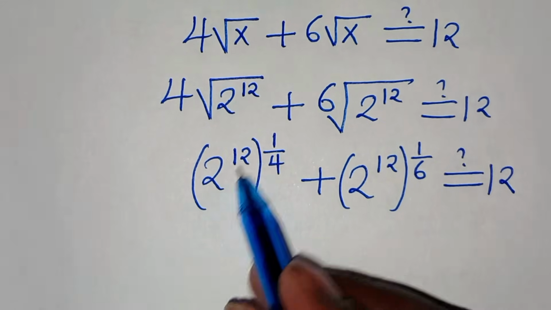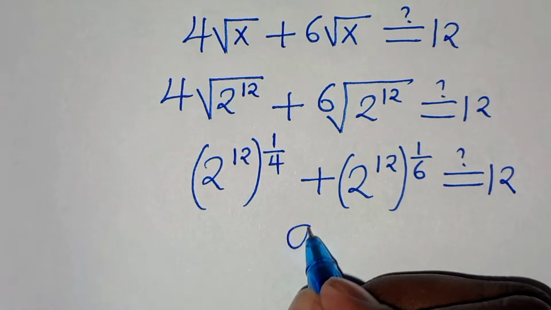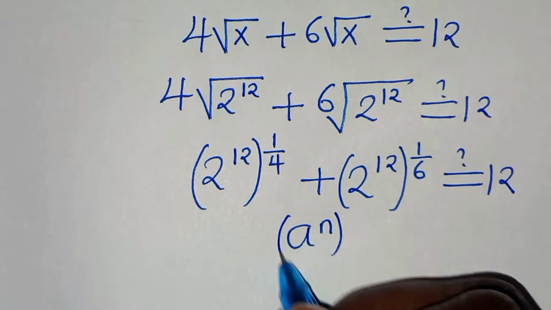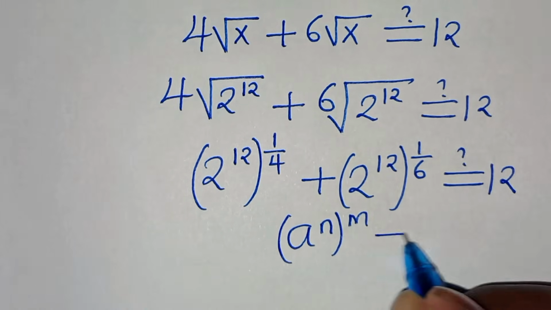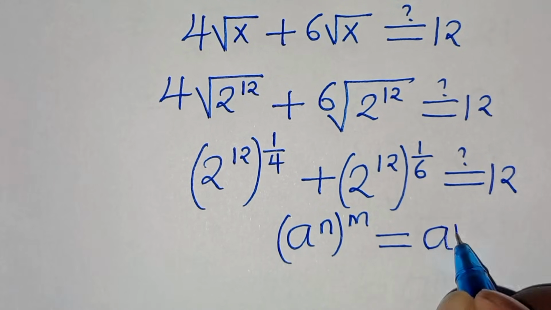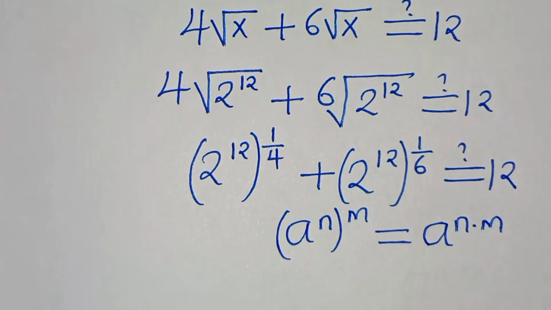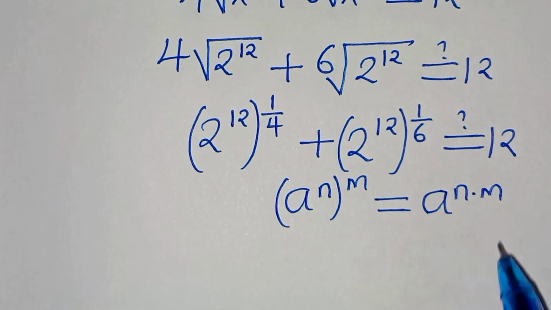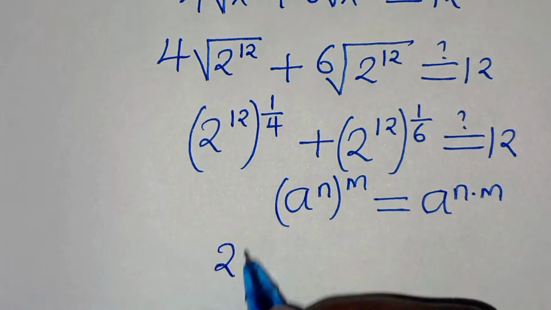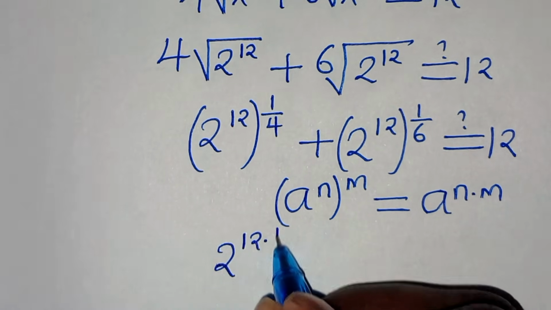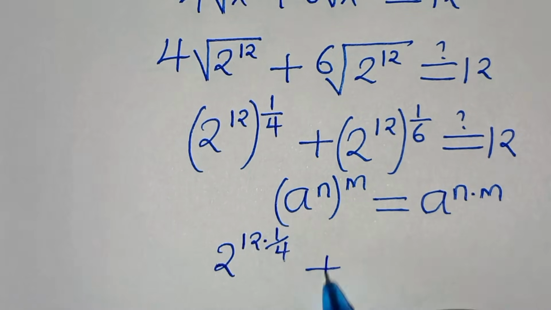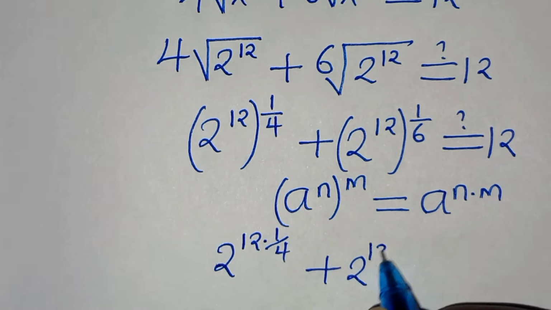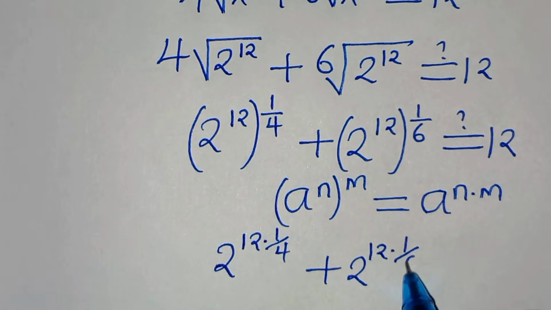Now, this is in the form of a to the power of n raised to the power of m, which we can express as a to the power of n multiplied by m. Applying this exponent property, we have 2 raised to the power of 12 times 1 over 4, plus 2 raised to the power of 12 times 1 over 6.